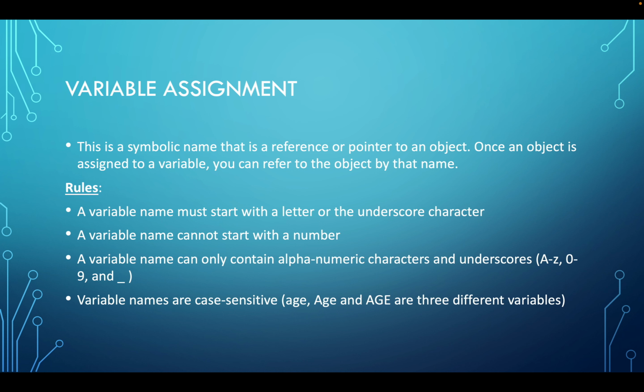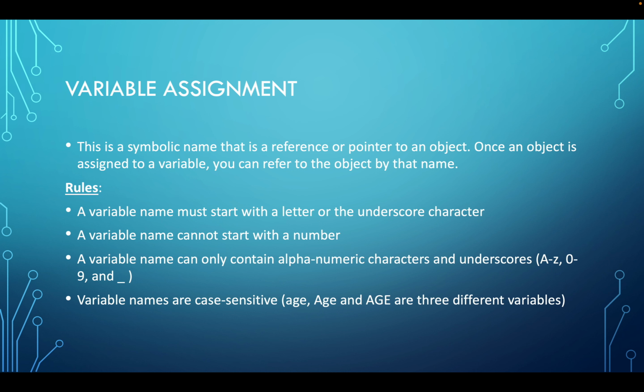Next, we are coming to variable assignment. This is a symbolic name that is a reference or pointer to an object. Once an object is assigned to a variable, you can refer to the object by that name. But there are some rules that we have to follow while assigning a variable. A variable name must start with letter or the underscore character.